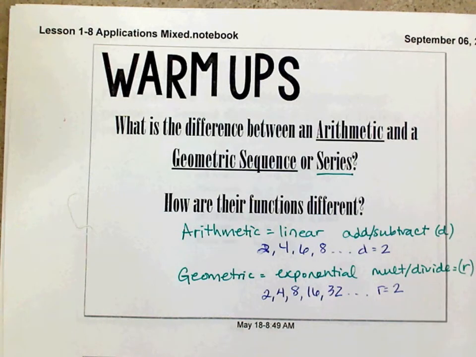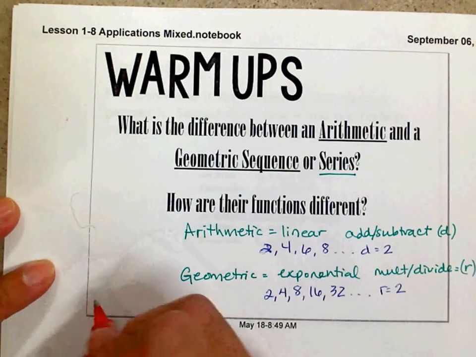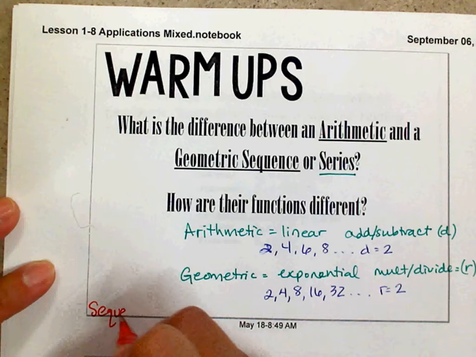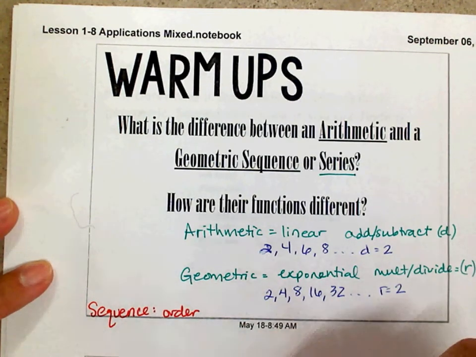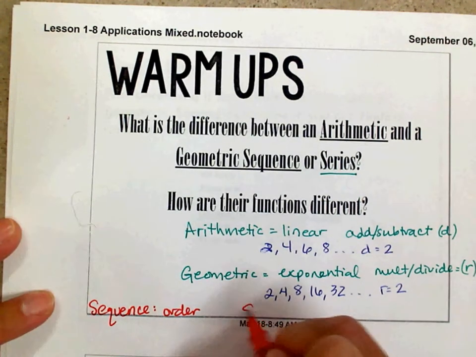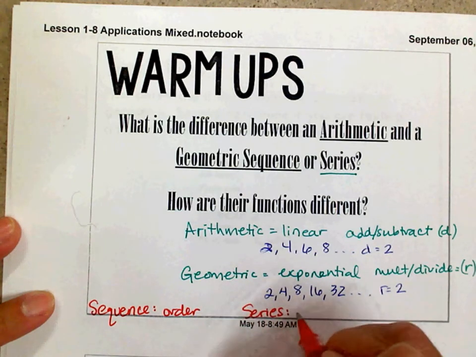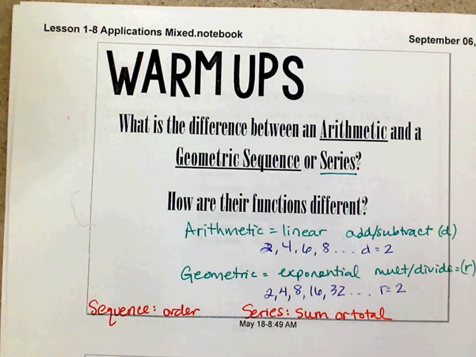All right. So that's the difference between arithmetic and geometric sequences. A sequence is basically a list or order, like a roster, number 1, 2, 3, 4, 5, okay? A series is a sum or a total of everything.